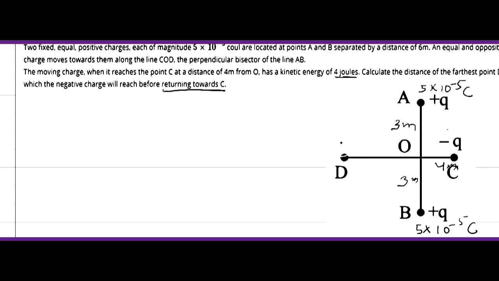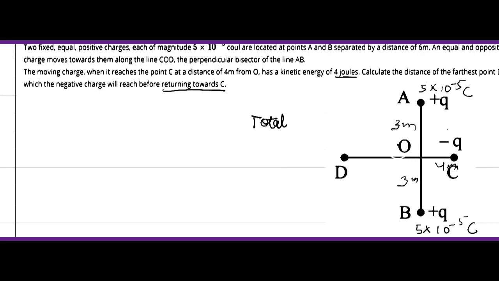So at this point its kinetic energy will be zero, but the potential energy will be maximum, because total energy can never be dissipated. The law of conservation of energy says that energy can neither be destroyed nor be created. It can just transform from one form to another. Here some value of potential energy was there and some value of kinetic energy was there.